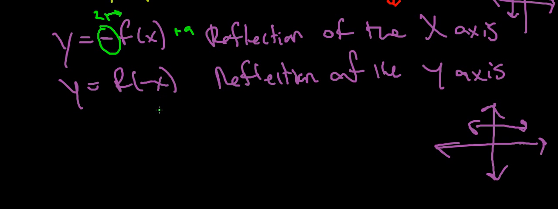When we're plugging in some x manipulation, whether it's a minus sign which causes a reflection, or if we're multiplying it by some number, or if we're adding some number, these are all going to be changes horizontally in some way or another. If we're adding, it's going to be shifting it. If we're multiplying it by something, it's going to be compressing or stretching it. And when we are multiplying it by a minus, it is going to be a reflection.